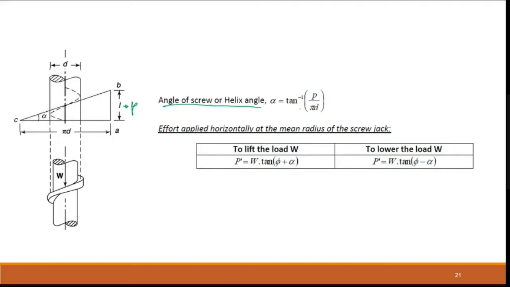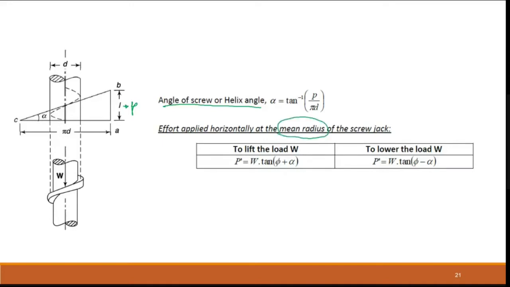It is equal to tan inverse of P by pi d. Of course, tan alpha is P by pi d, so alpha is tan inverse of P by pi d. Then what is your force P? This is the formula, and this is with respect to mean radius.